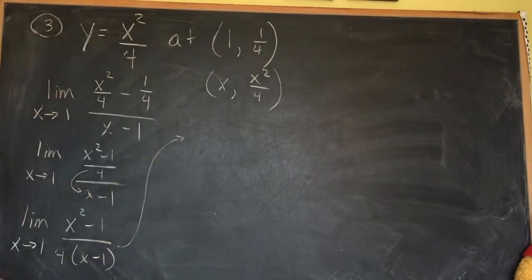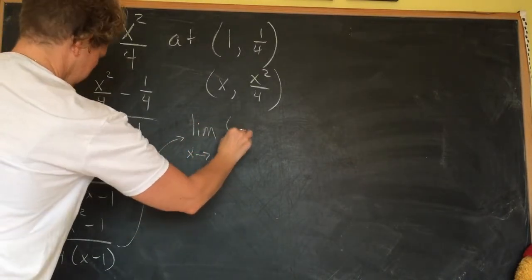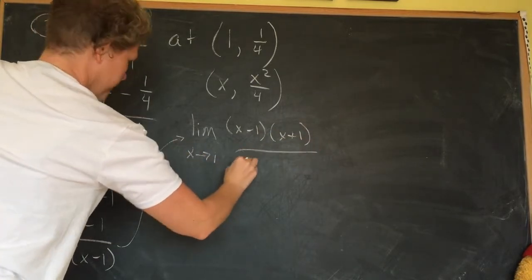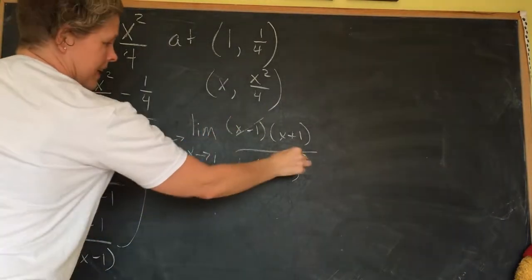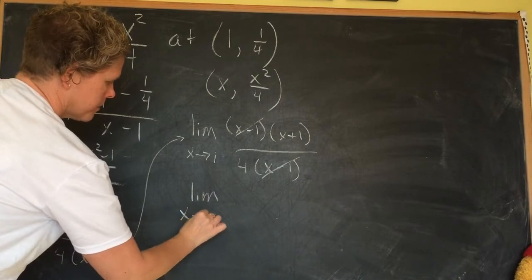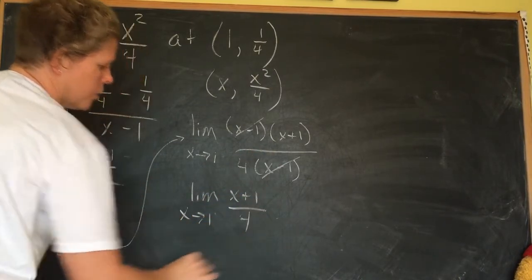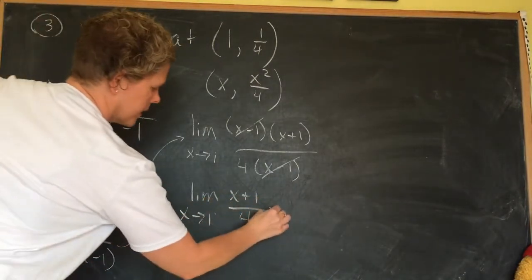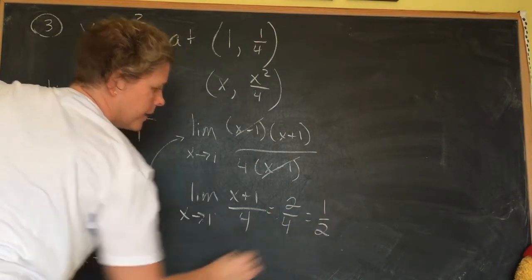So let's play around with that for a little bit. That cancels, leaving me with the limit as x approaches 1 of x plus 1 over 4. Well, now if I plug 1 in here, I get 2/4, or a half.